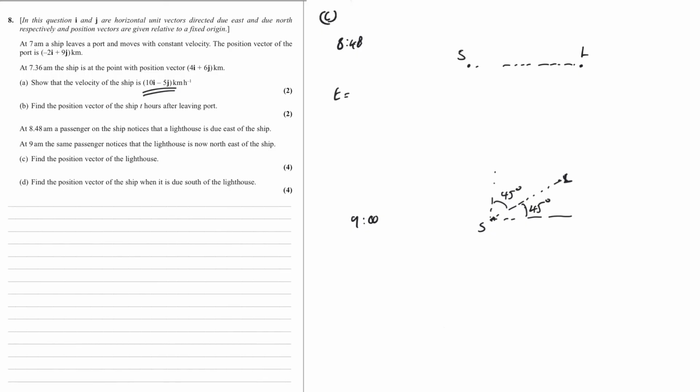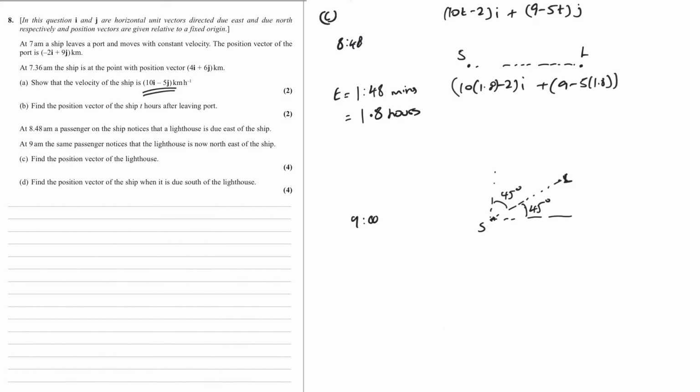Now, just making a little bit of room here. 8:48 is 1 hour 48 minutes, isn't it? So in terms of hours, this is 1.8 hours. So the position of the ship at this point is simply 10 times 1.8 minus 2 i plus 9 minus 5 times 1.8 j.